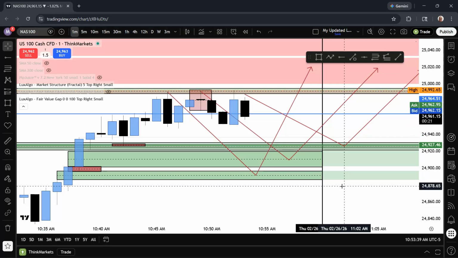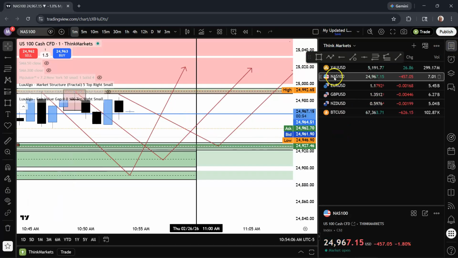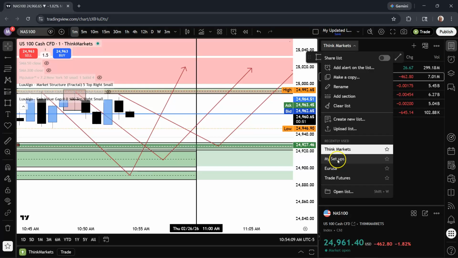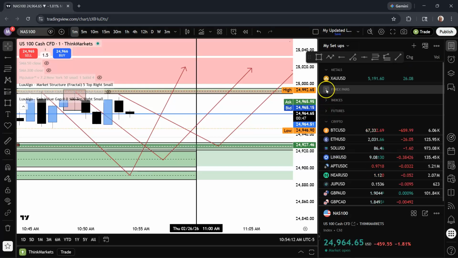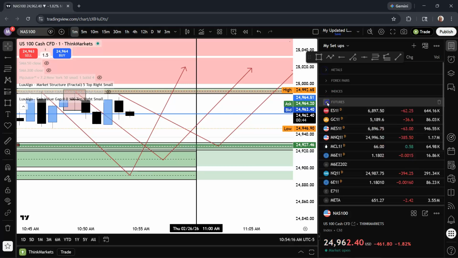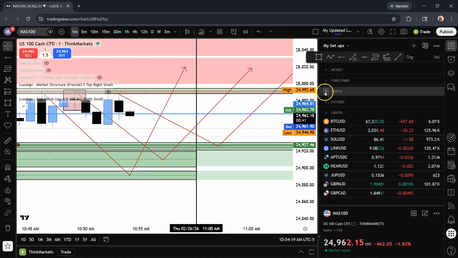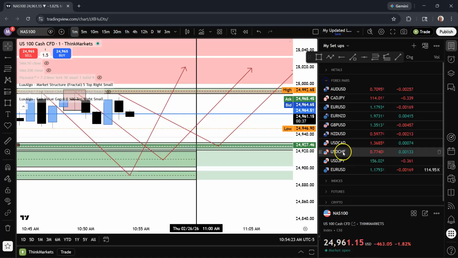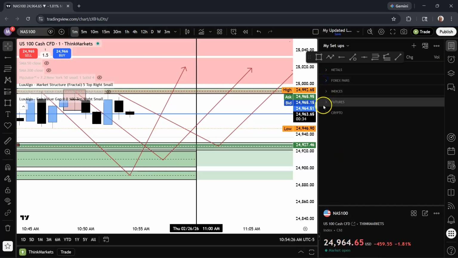Today's 1 minute trade really didn't bounce high enough for me to be really excited about it, because usually during a 9:30 open and you're trading NAS 100, which is 100 of the top companies in America, if a handful of those companies, and I'll show you a list here, if I go to my setups, indices.